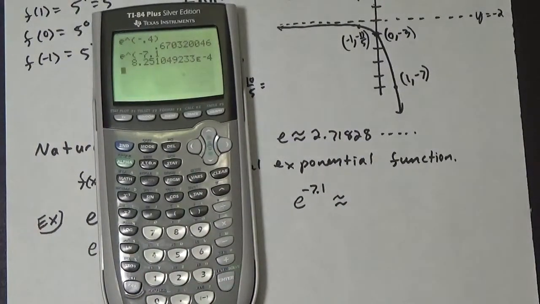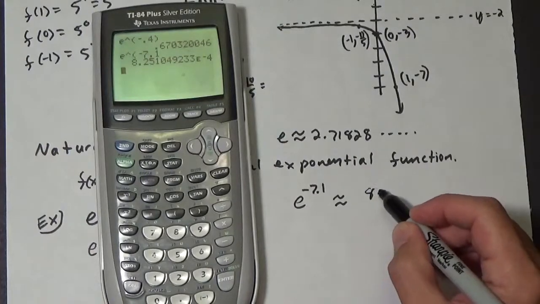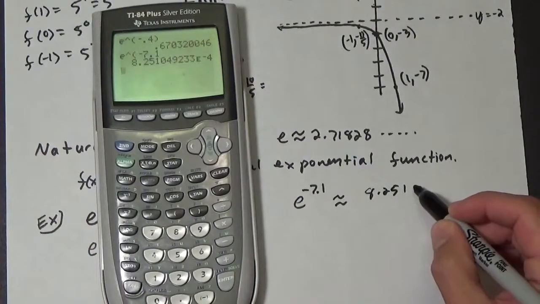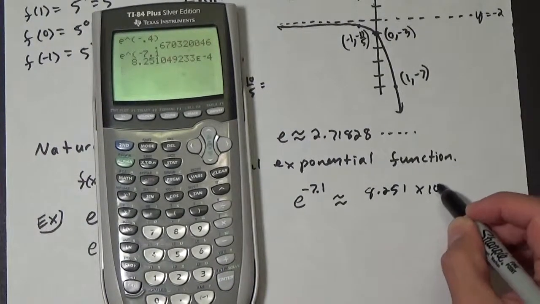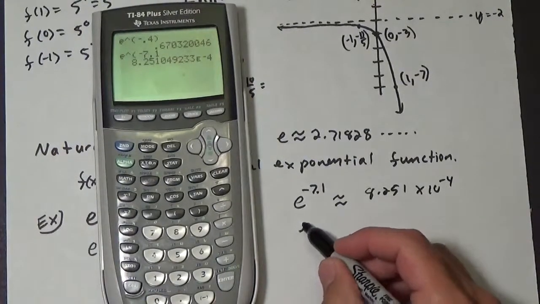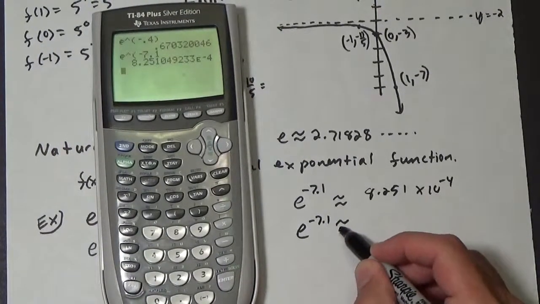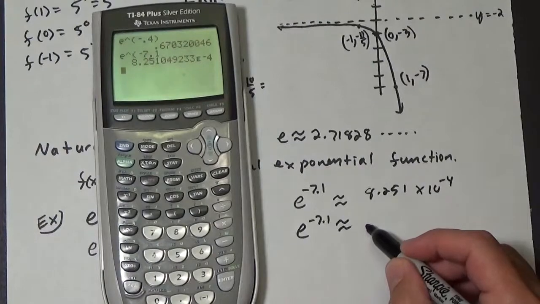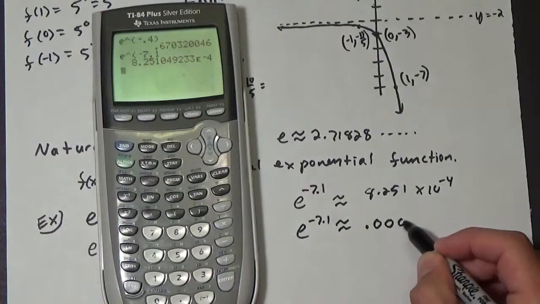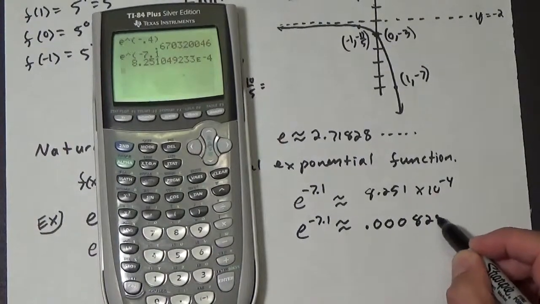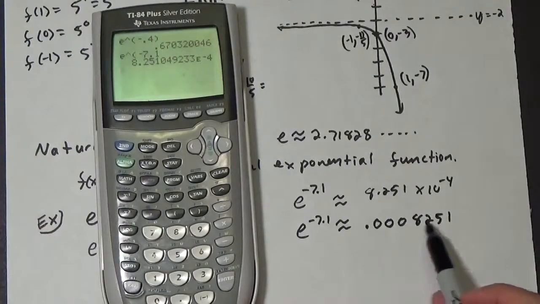And I get 8.251, and that e means times 10 to the negative 4th. So e to the negative 7.1 is actually 0.000821. If you remember your scientific notation, that's how that works.